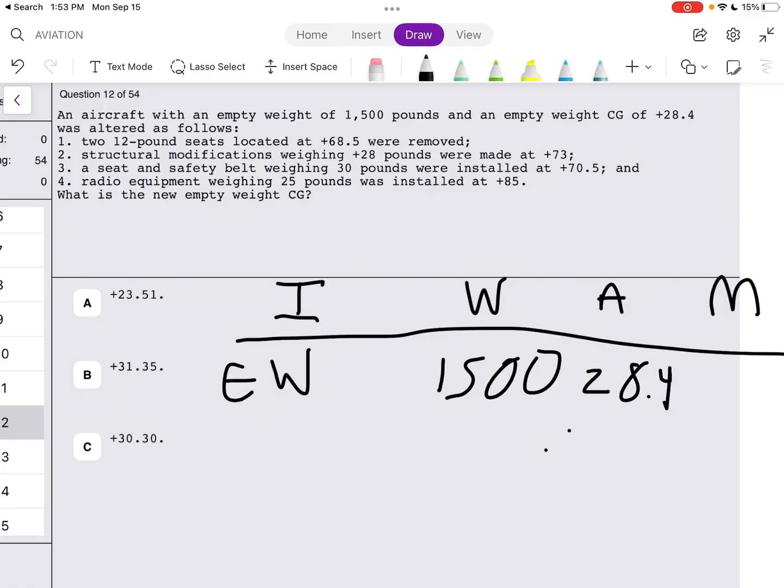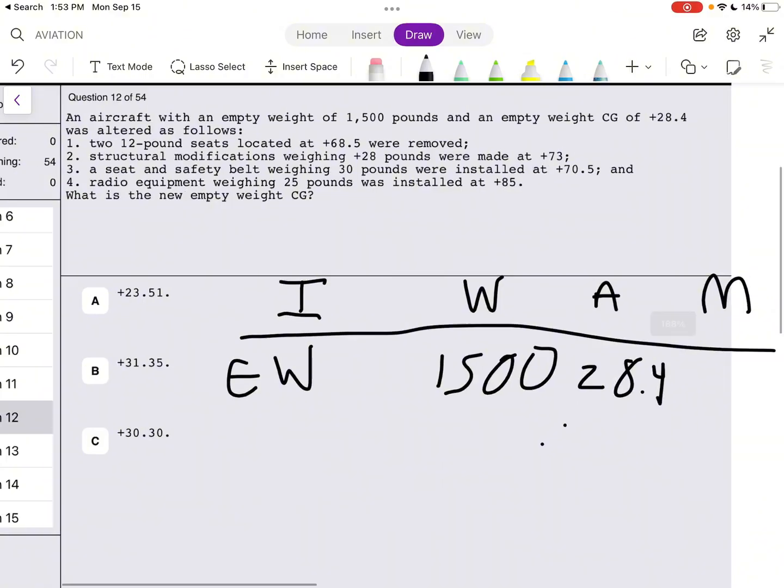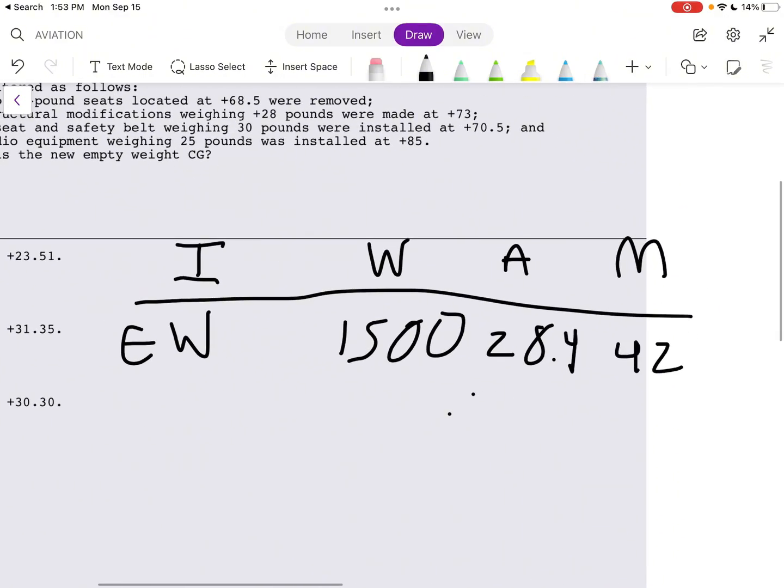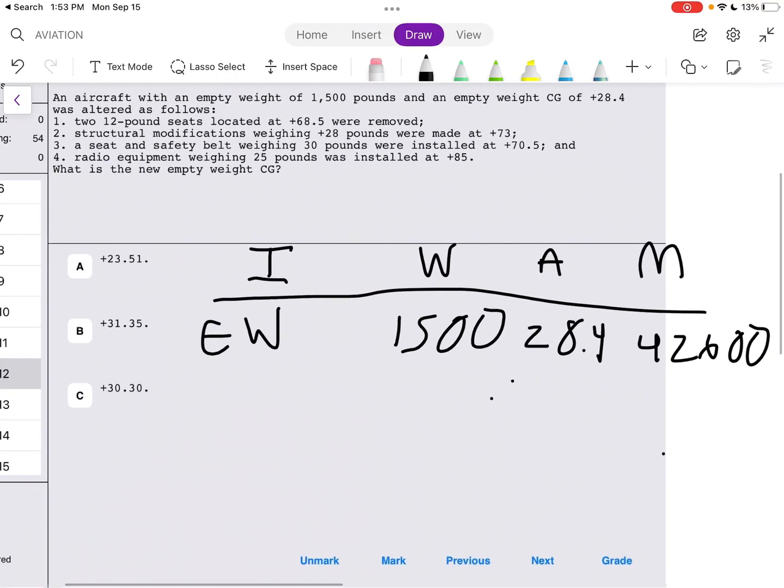And the moment is the weight times the arm. So in this case, I'm just using my calculator on my phone on another device. So let's do 1,500 times 28.4. We are going to get 42,600.